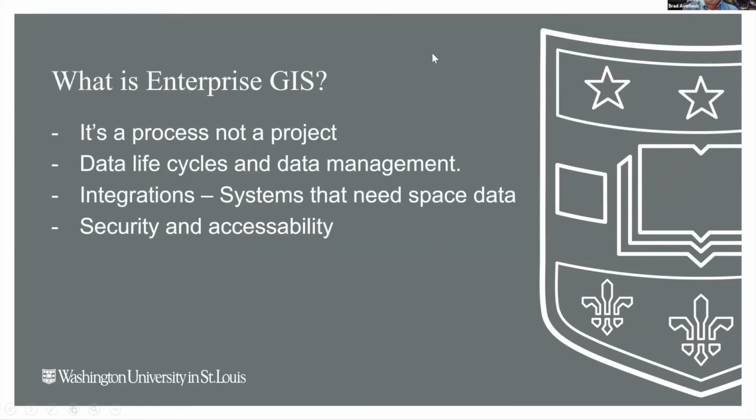So let's talk a little bit about what is Enterprise GIS. It's more of a process than a project. I kind of talked about, if you're going to learn GIS and take one of the classes through U College, you usually get a GIS project that you have to work on, right? It's about collecting data, kind of analyzing different data sets to figure out where you want to put something. In Enterprise GIS, it's more about a process.